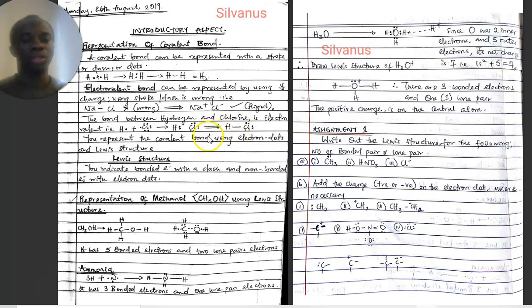But in the same way, hydrogen can also lose its single electron to chlorine. When the hydrogen atom loses its single electron, it becomes positively charged, and chlorine becomes negatively charged because chlorine accepts it. So I could have H plus and Cl minus, two oppositely charged entities.